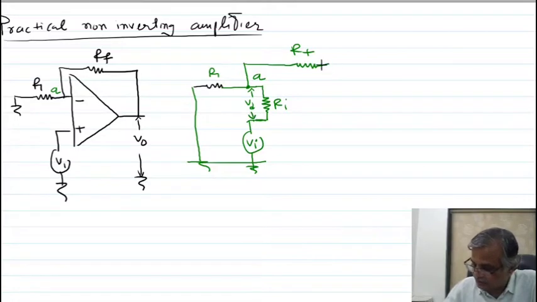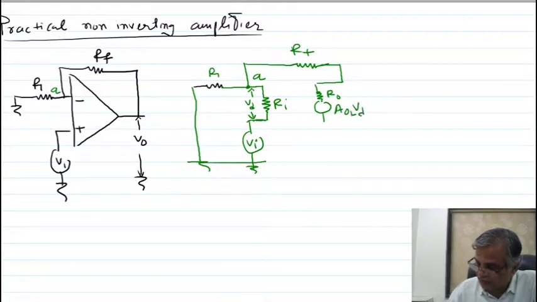Now here I am showing you the output section. We have shown this output resistance, and this is a voltage source, open loop gain multiplied by Vd, and here we have written ground, and here I have shown this output voltage.